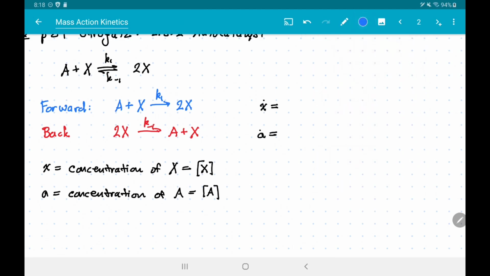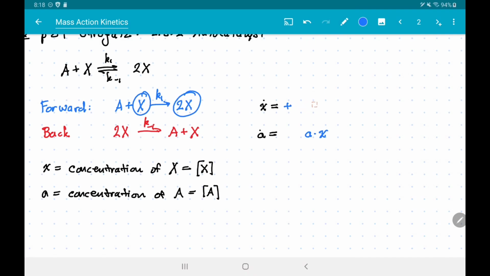Looking at the forward equation, what you can see is that the reactants are an A and an X, which means that the reaction will contribute terms that look like A times X to the 2 differential equations. Now counting, on the reactant side there's 1 X, and on the product side there are 2 X's. So we have gained a total of 1 X here.